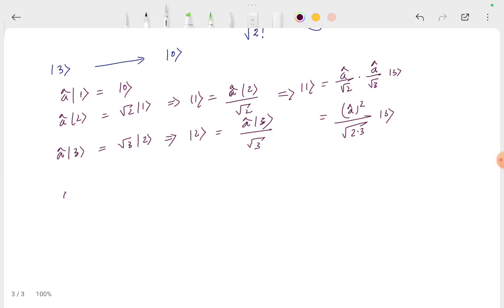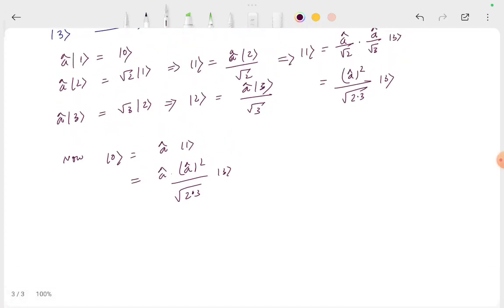So now 0 ket equals to a cap ket1. So it is equals to a cap square root 2 into 3 ket3.